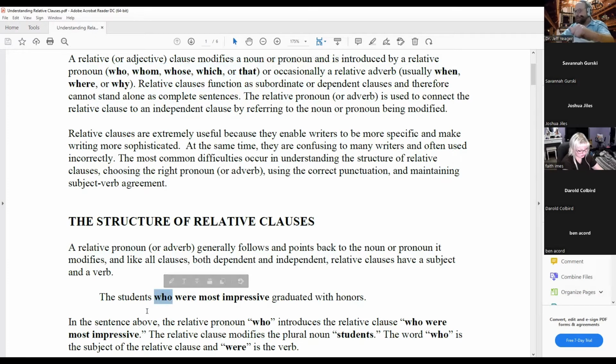Because we're talking about human beings in this case, it starts with a who. The students who were most impressive graduated with honors. So who is the subject of the relative clause? Where is the verb? Impressive is the object. So a sentence within a sentence.